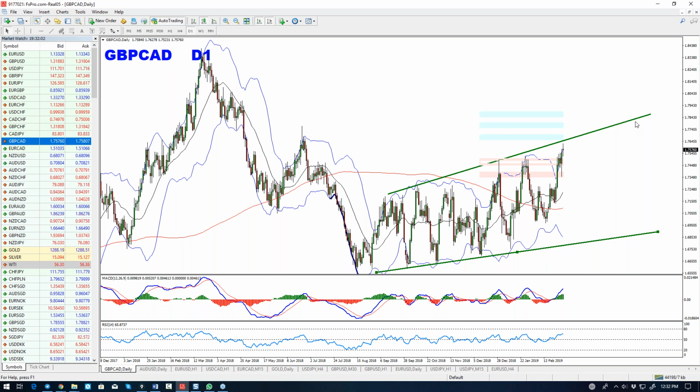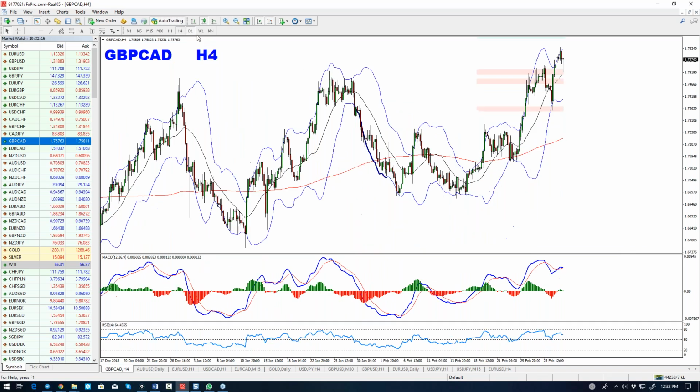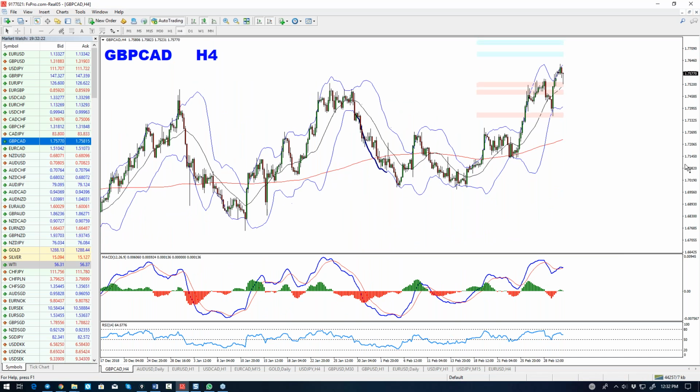Channel, tunnel, megaphone, call it as you wish, it doesn't matter. Both daily and 4-hour start to show a possible stoppage or at least a fight. I say possible because we didn't tick. They both start to show the divergences. The 4-hour also does that with a cycle.